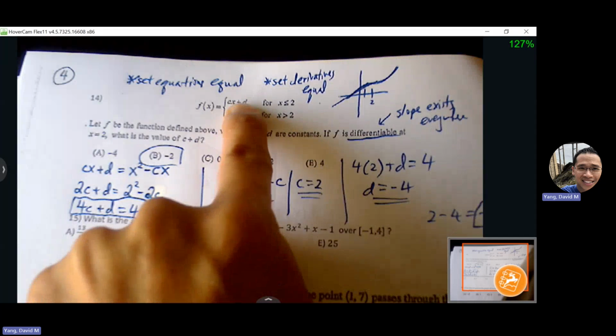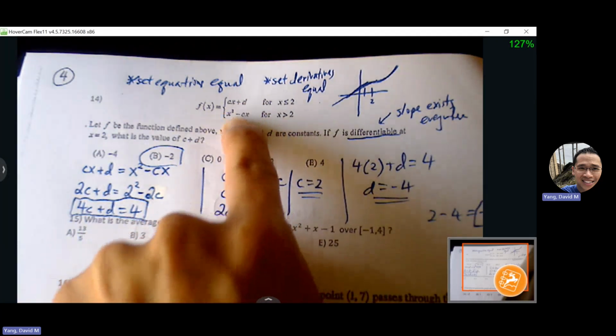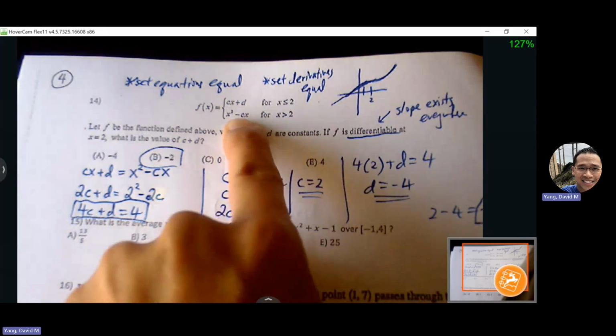So if we find the derivative of cx plus d, what's the derivative of cx plus d? C, just c. What's the derivative of x squared minus cx? 2x minus c. Yeah, 2x minus c.